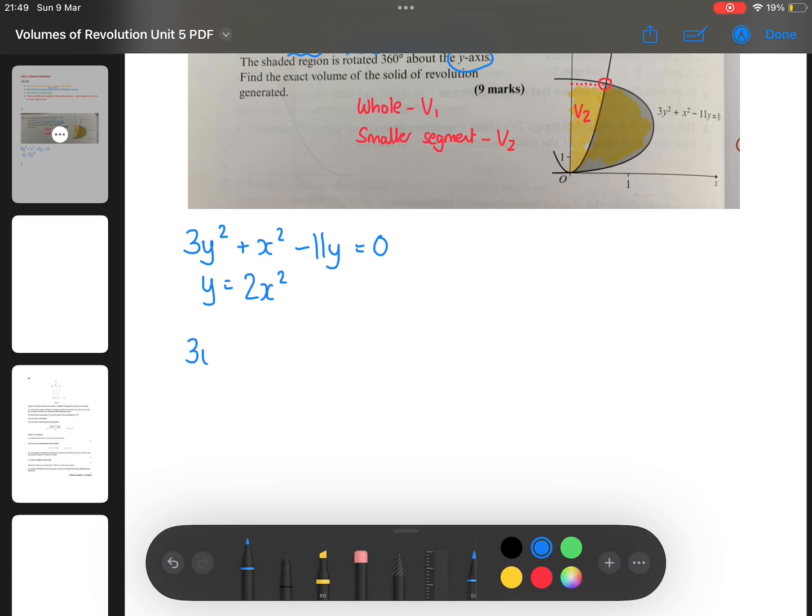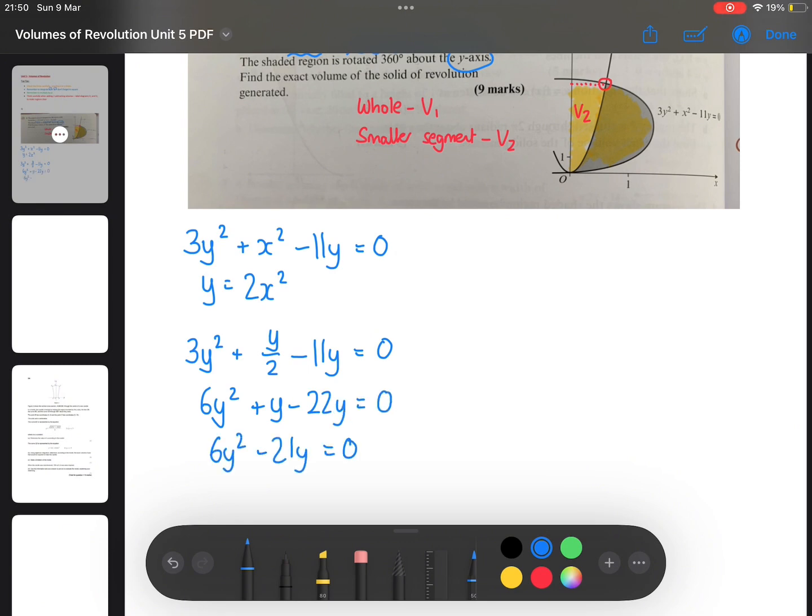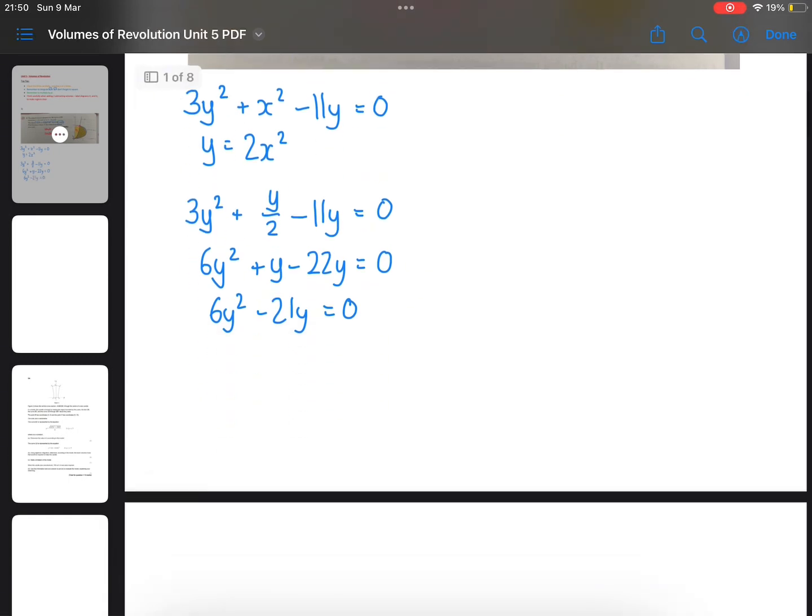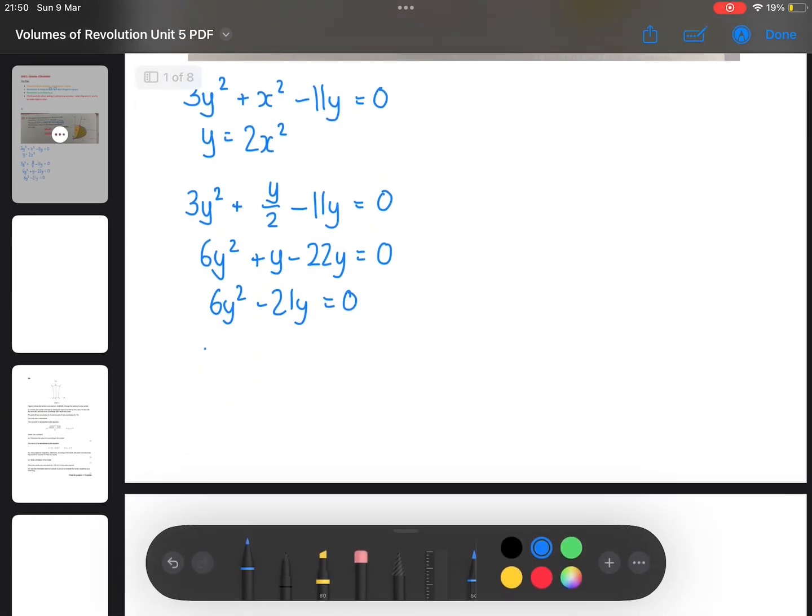So 3y squared plus y over 2 minus 11y equals 0, and doubling, 6y squared plus y minus 22y equals 0, and solving that, we can divide by 3.